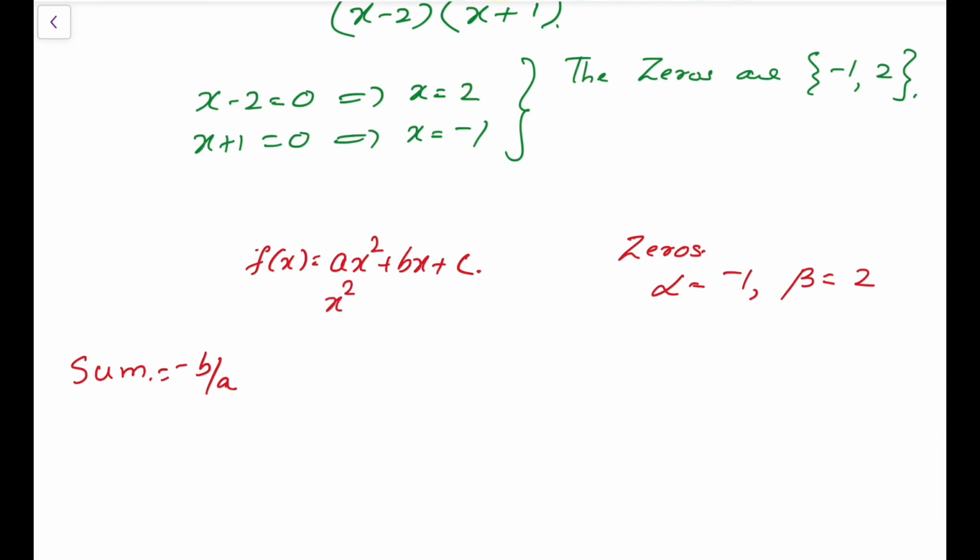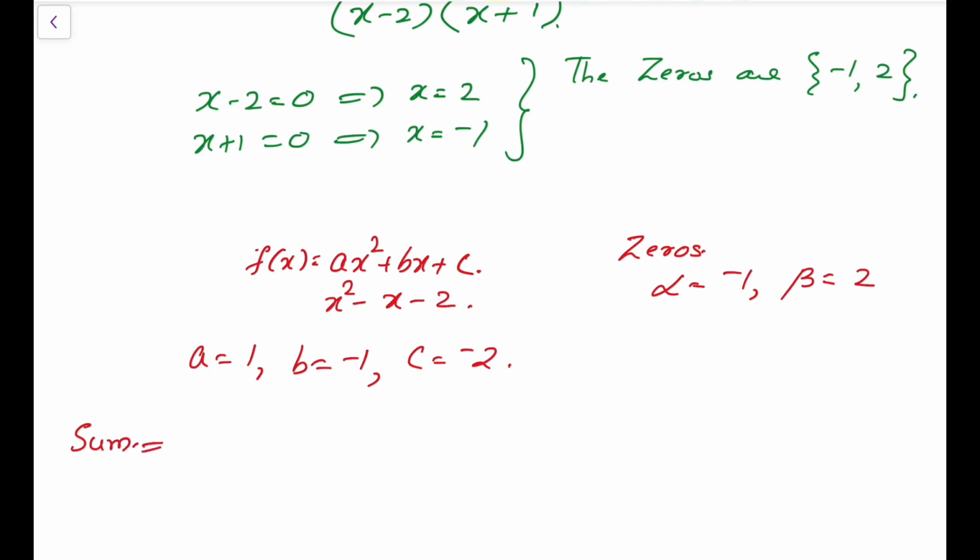Here the polynomial is x squared minus x minus 2. So before we start, we will write down a, b, c, and then we'll do it. So a is equal to 1, b equal to minus 1, and c is equal to minus 2.